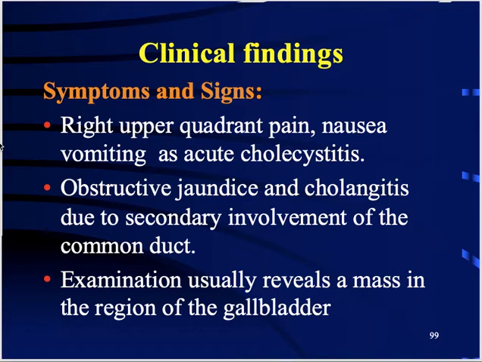The features will stay the same. The patient will present with pain, nausea, vomiting, jaundice. Now, because it's a carcinoma, they do have weight loss, they do have anorexia, and depending on how much spread of the carcinoma there is, the features will be of that.